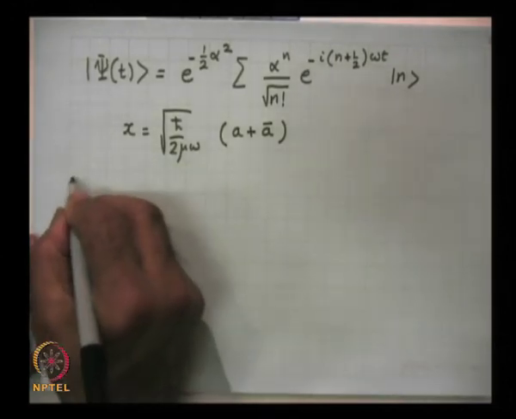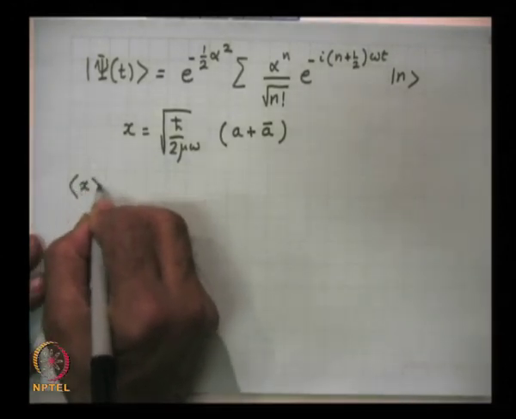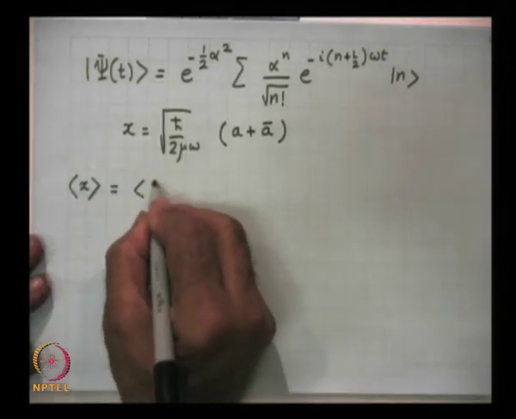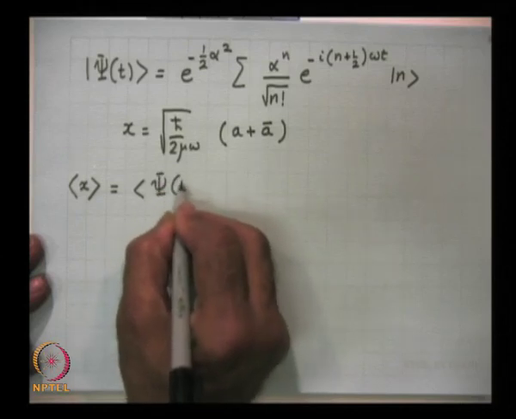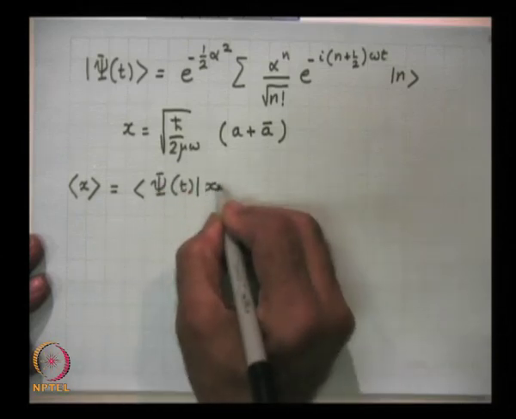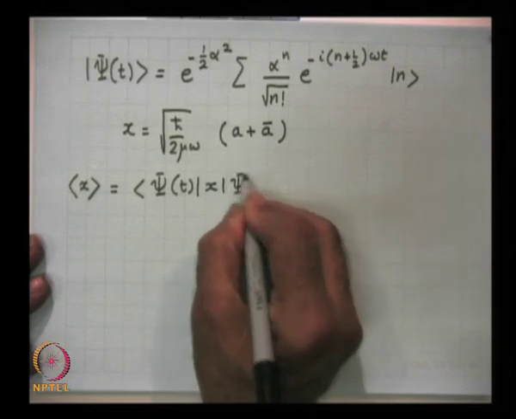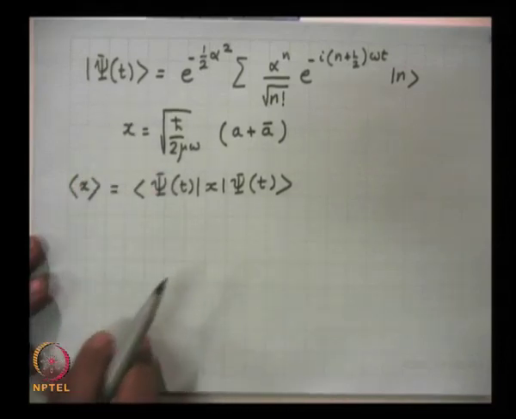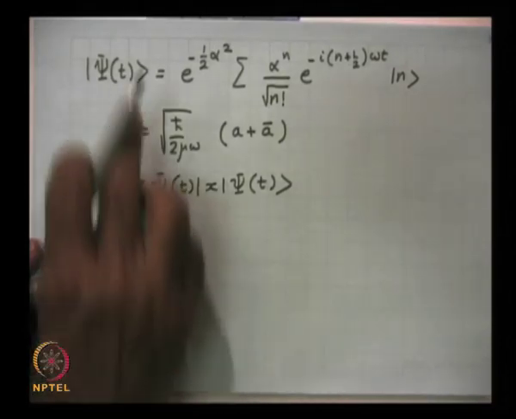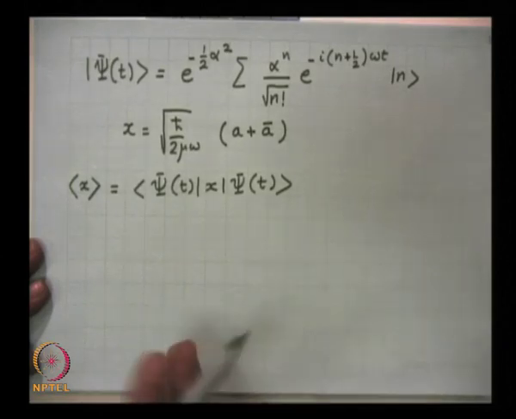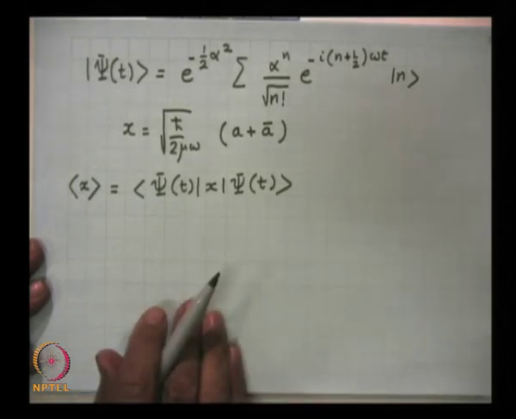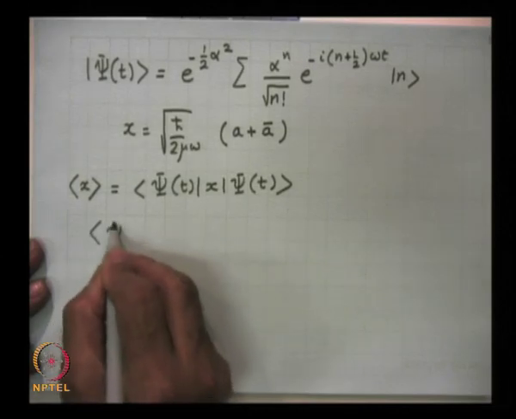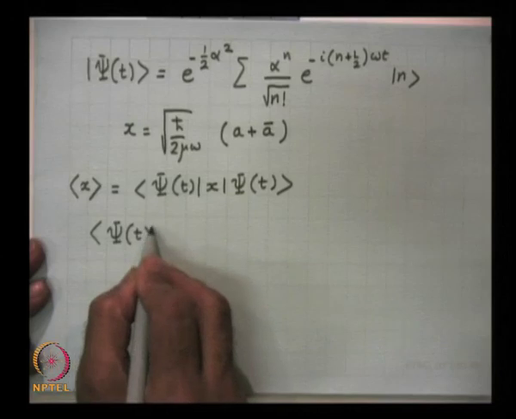Now, I want to find the expectation value of x. So, therefore, this is bra psi t, x, ket psi t. First I have to calculate bra psi t. Remember that alpha is real, I have assumed alpha to be real. So, I write bra psi t, the complex conjugate of ket psi t.